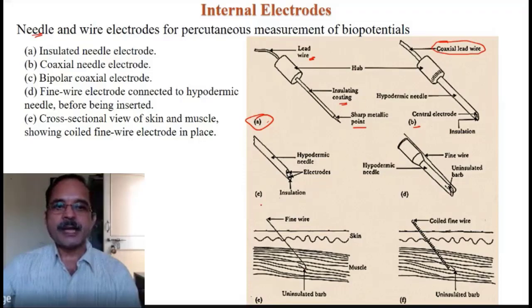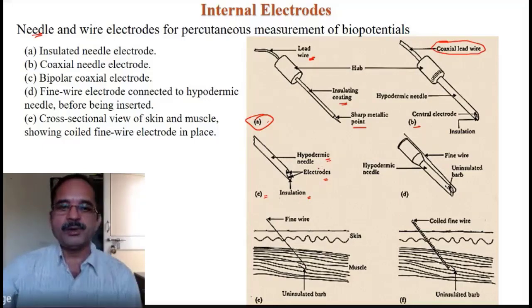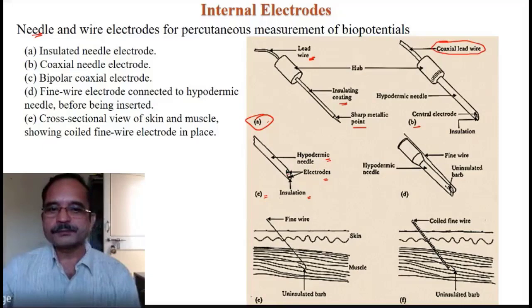Then C is a bipolar coaxial electrode. It is similar to B, but there is some small difference in construction. There is the insulation, and again the hypodermic needle, similar to the coaxial one.